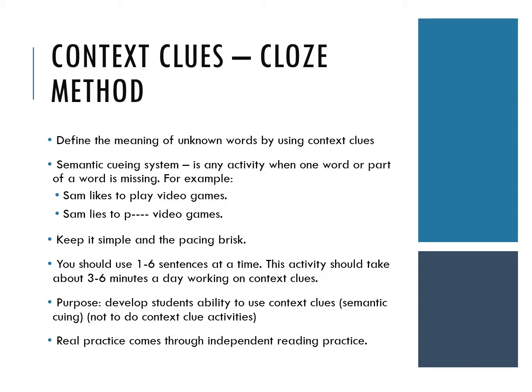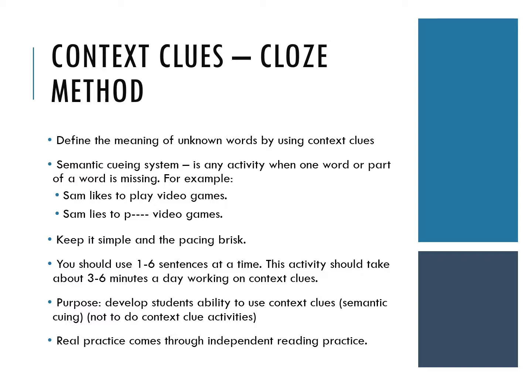When doing these activities, you just want to keep it simple and the pacing brisk. You should just use 1 to 6 sentences at a time, and the activity shouldn't take more than 3 to 6 minutes a day working on context clues. And the purpose of it would be to develop students' ability to use context clues or semantic cueing, not necessarily to do context clue activities.